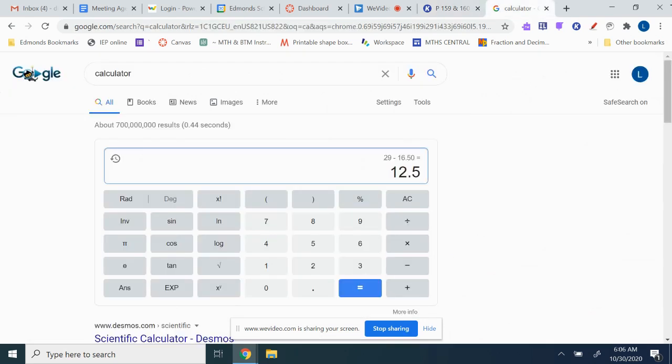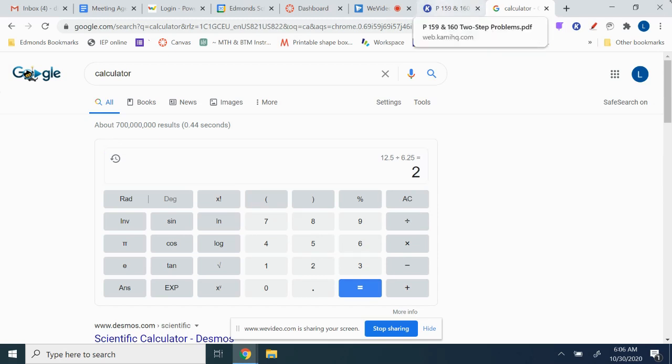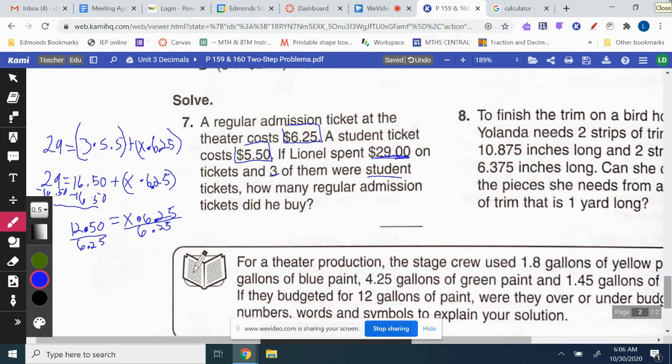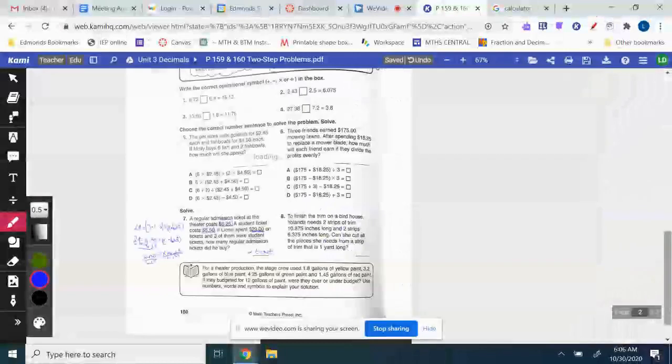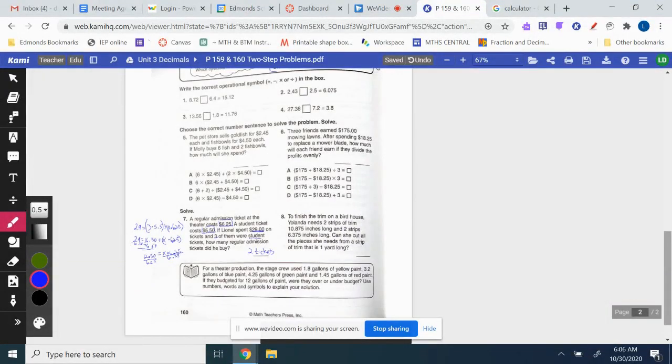So let's divide our 12.50. We're going to divide it by 6.25. And I get 2 tickets. So he bought 2 tickets. We'll do number 8 in class. Again, if you have questions, come see me during office hours.